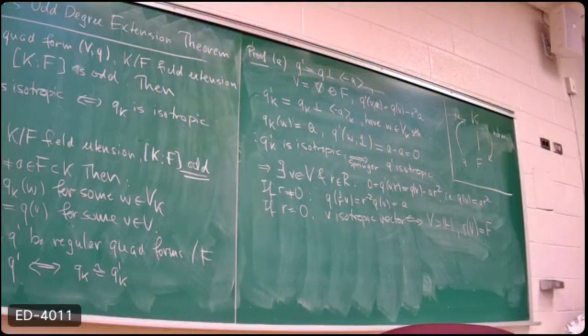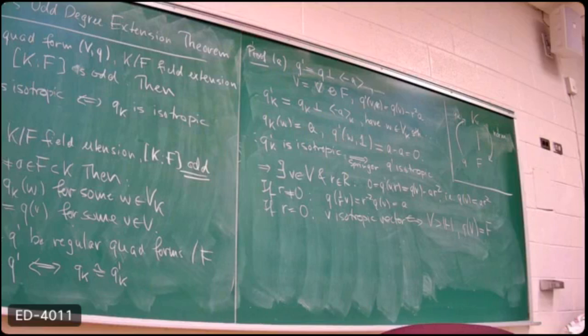So we will always work with finite field extensions. So if we read finite, K considered as a vector space over F is finite dimensional. Right?